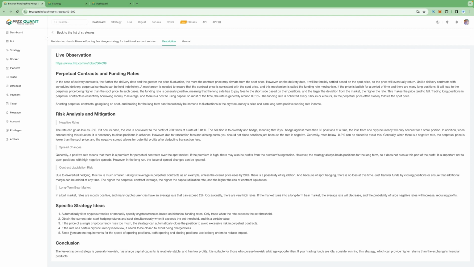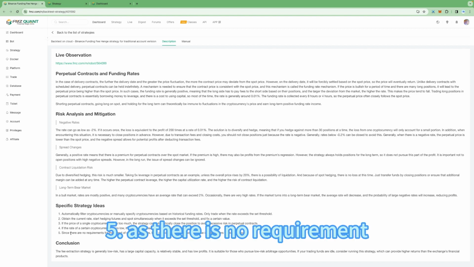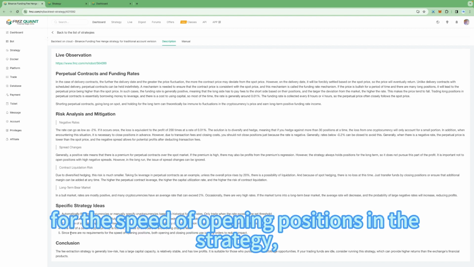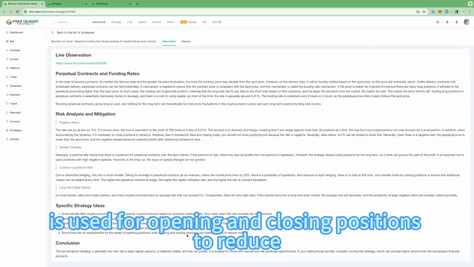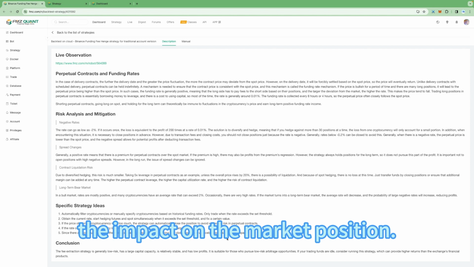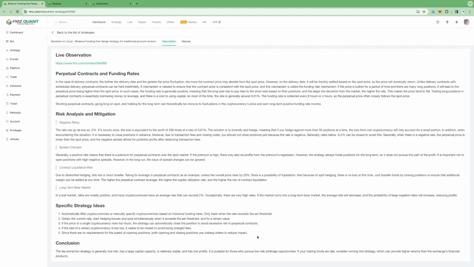Fifth, as there is no requirement for the speed of opening positions in the strategy, the method of iceberg commission is used for opening and closing positions to reduce the impact on the market position.